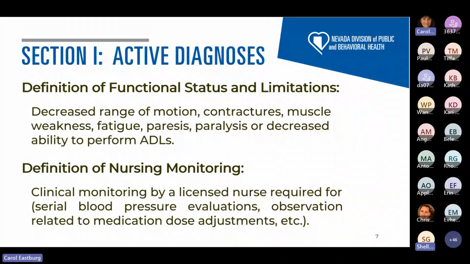CMS defines functional status and limitations as resulting from a decreased range of motion, contractures, muscle weakness, fatigue, paresis or paralysis, or a decreased ability to perform ADLs.